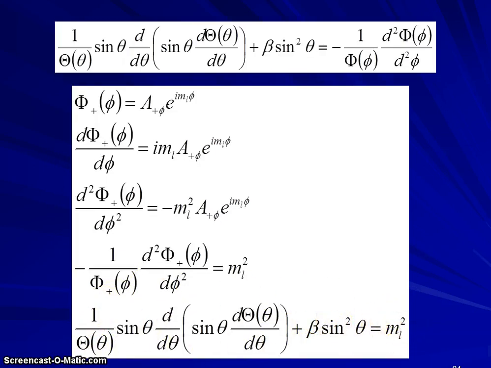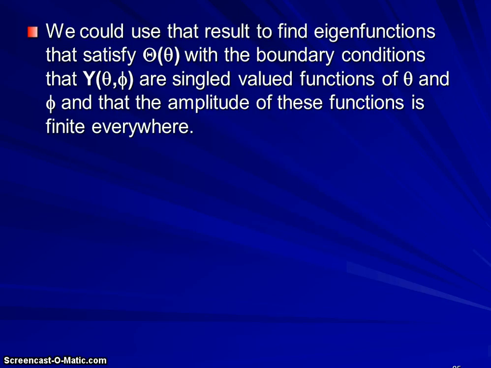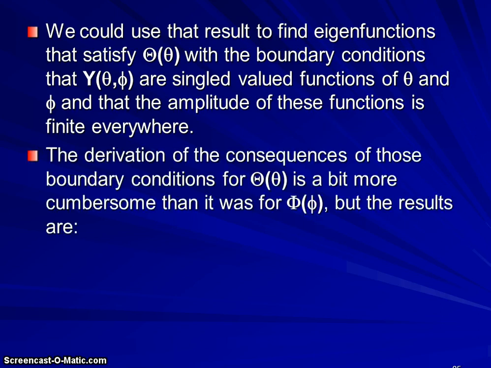So now we've solved this equation for an expression that relates only to theta and m sub l squared. Now we can use that result to find eigenfunctions that satisfy theta with the boundary conditions that the total wave function, theta times phi, the y wave function, has to be single valued for theta and phi, and that the amplitude of these functions is always finite. That would take us a little while mathematically.